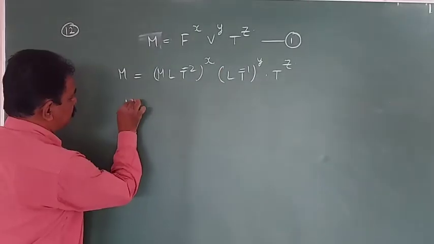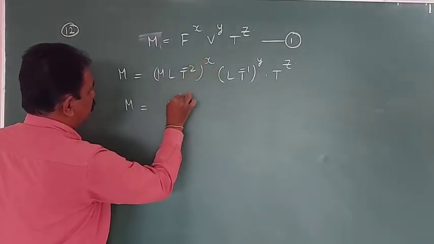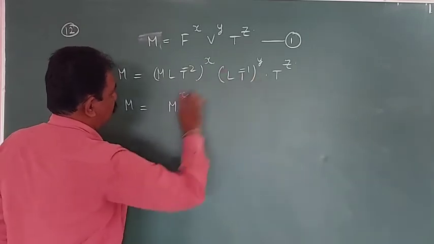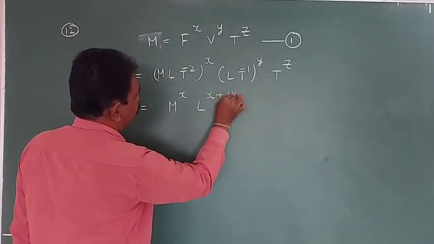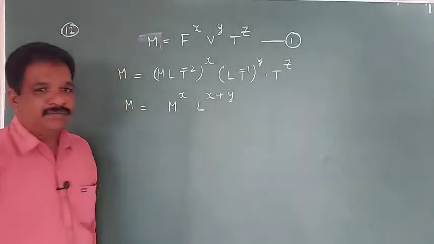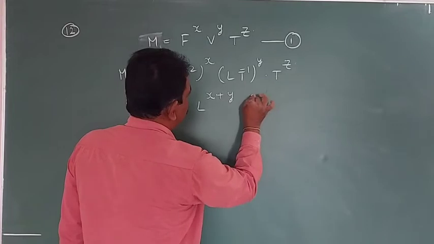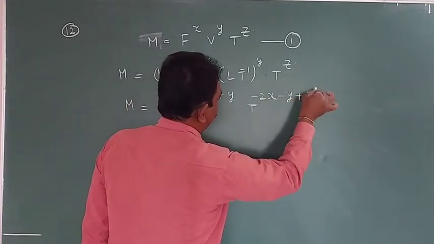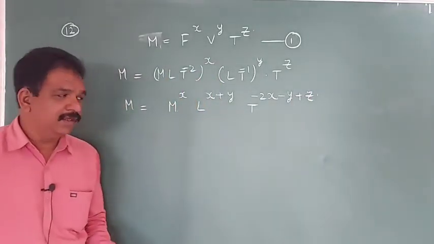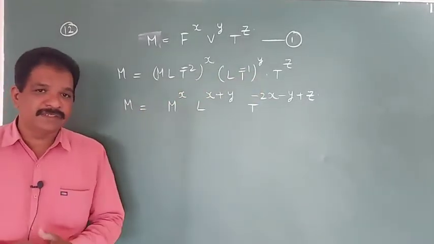Then M is equal to, write all M powers at one place. Here M power x, here no M, here no M, just M power x. L powers at one place, L power x, here L power y. Next, T power minus 2x minus y plus z.